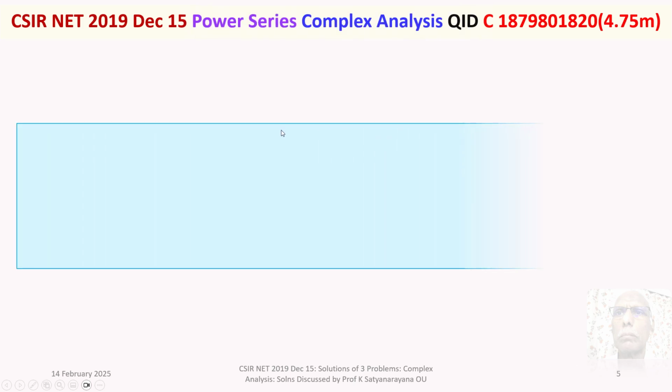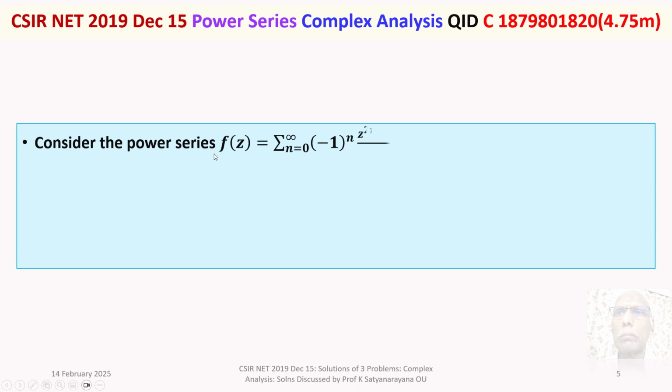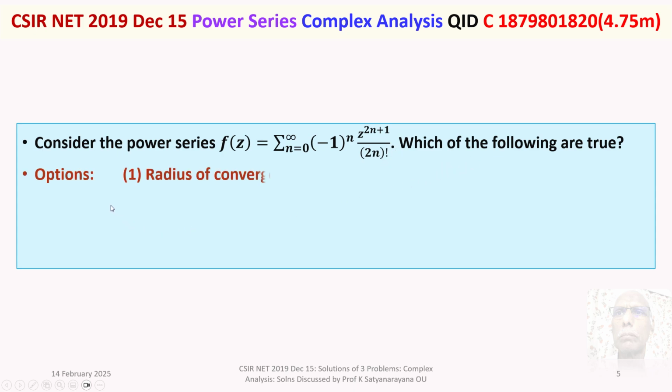The given question is: consider the power series f of z is equal to sigma n is equal to 0 to infinity (-1)^n z^(2n+1) by (2n)!. Which of the following are true? We are given four options. Option 1, radius of convergence of f of z is infinite.